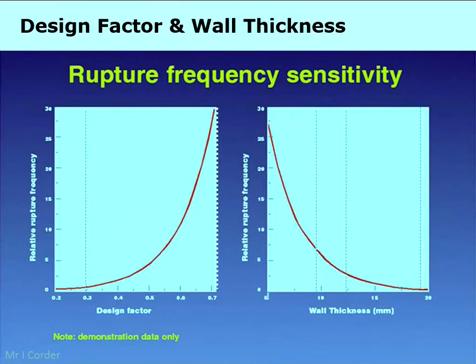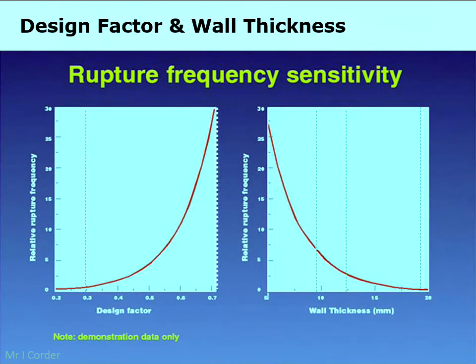If they do grow, you want to ensure that they're going to leak rather than rupture. And if they do rupture, you've got to make sure that they're going to arrest so you don't get a propagating fracture. And then absolutely essentially you've got to avoid brittle fracture and you've got to arrest ductile fracture.